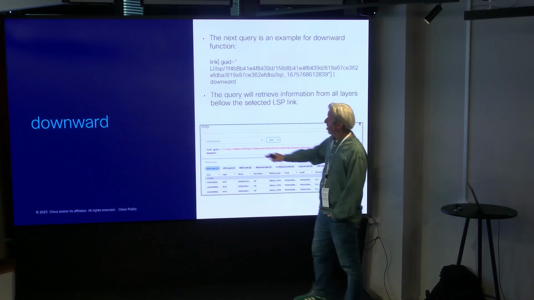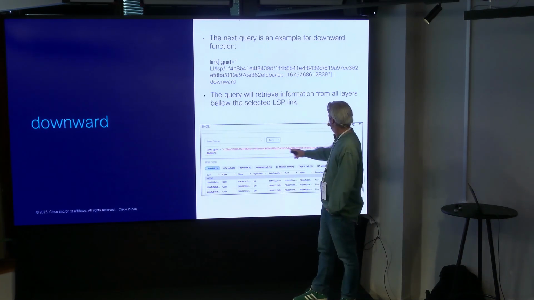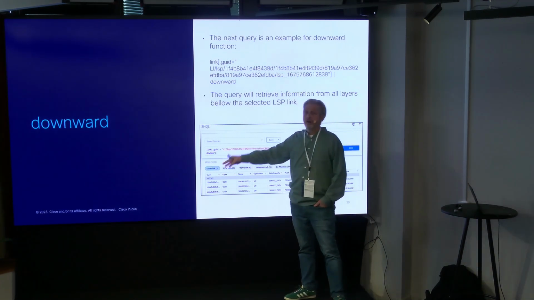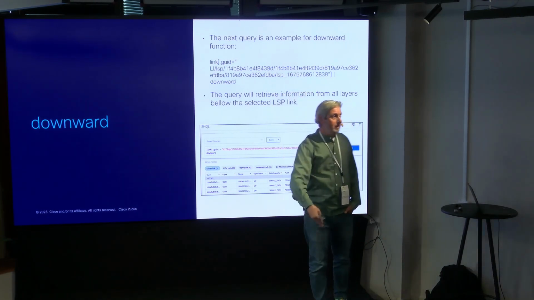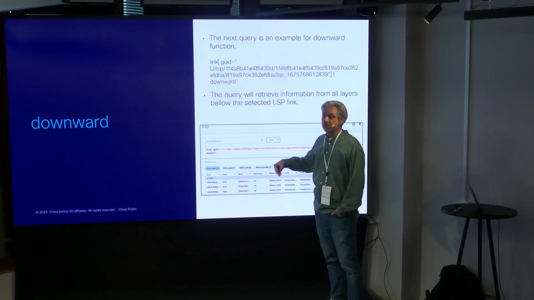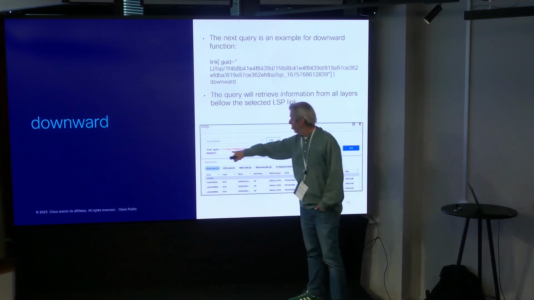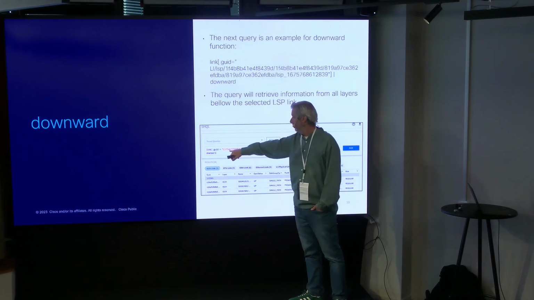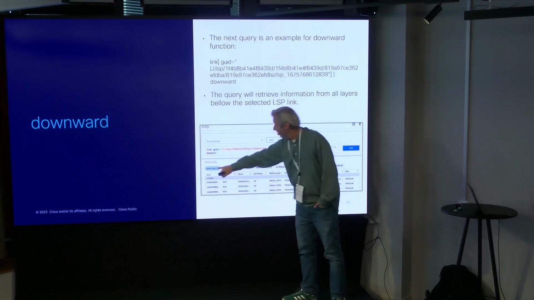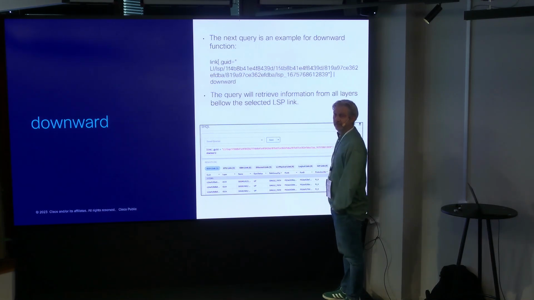So you can see I am looking for a link with a specific GUID, but I also want to have all the links downwards in the layer, meaning all the links that are being used that carry this link. So you see that by the GUID, I'm starting with LSP, and I'm getting all the specific links that are carrying that LSP.